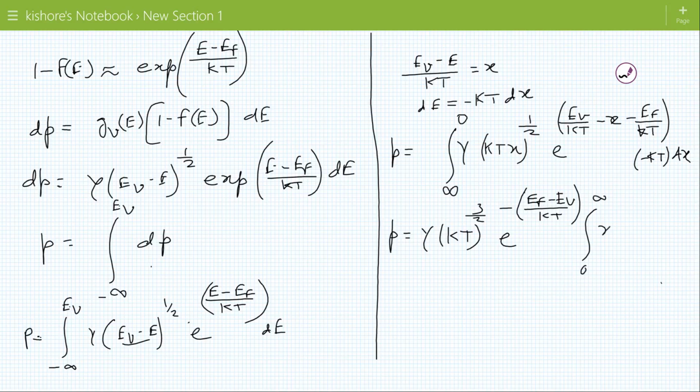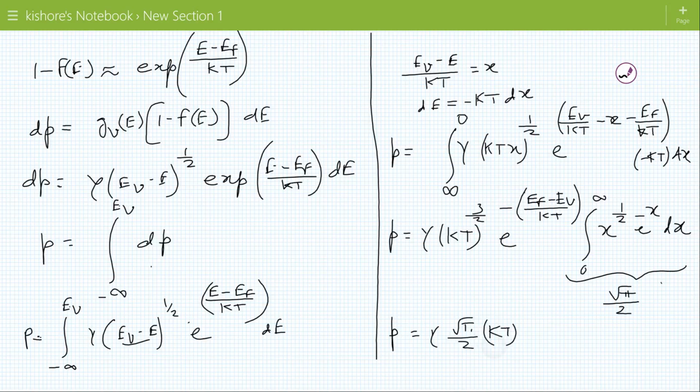So again we have to integrate x to the power 1 by 2 into e to the power minus x with respect to x, and the value of this integration is root pi by 2.